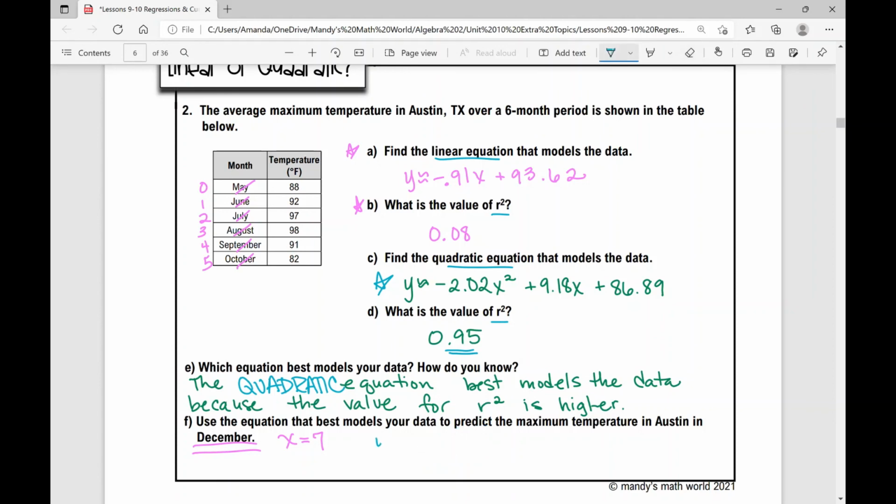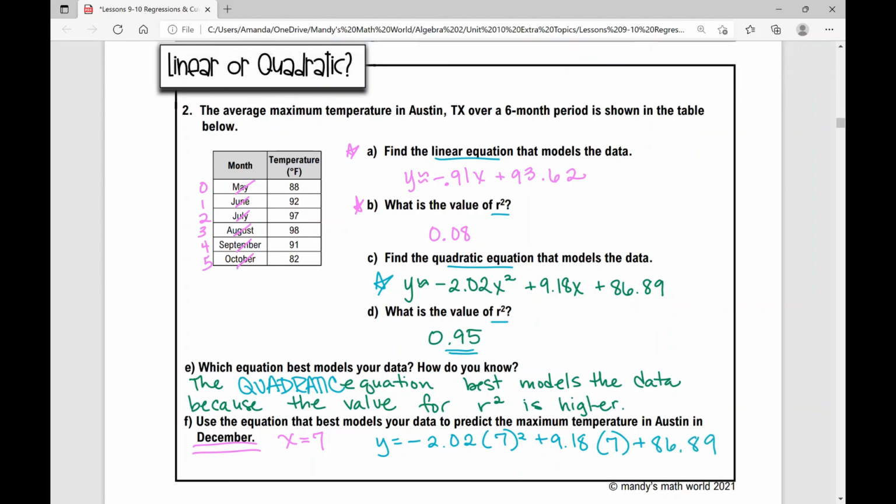So I've got my equation, y equals negative 2.02 times 7 squared plus 9.18 times 7 plus 86.89. And you can plug that into your y equals and look at your table of values when x is 7, or you can just plug this into your home screen to find the value of y when x is 7. And what do you get? 52.17 degrees. That's our units, 52.17 degrees.